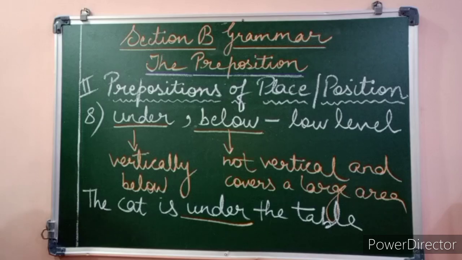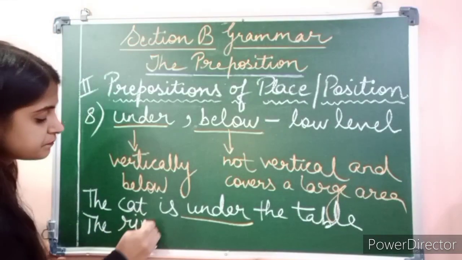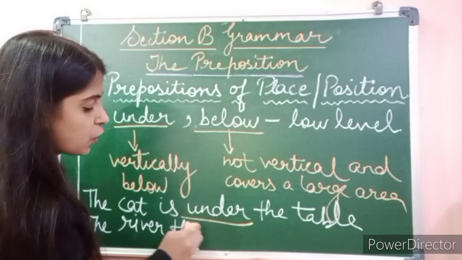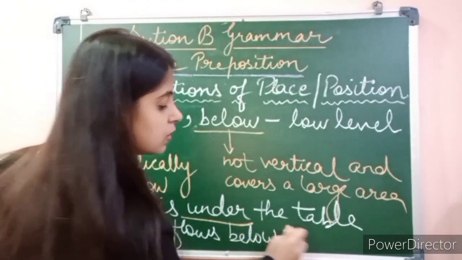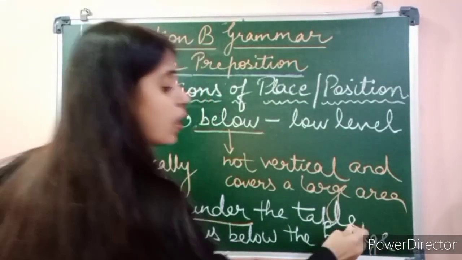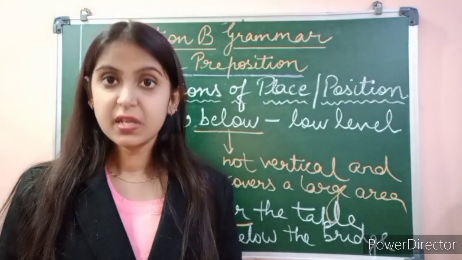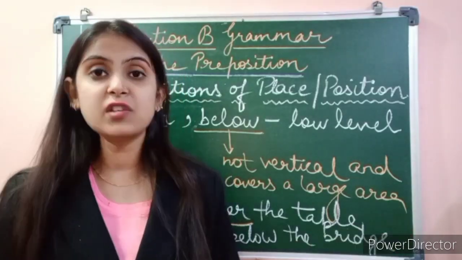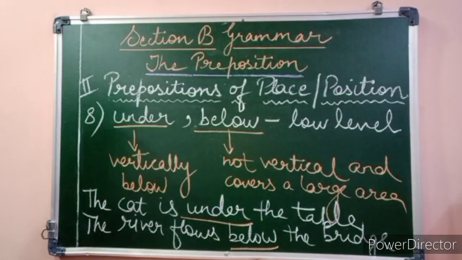Now if I say the river flows below the bridge. Now it does not mean exactly below the bridge. It is covering a large area. So we will use below. I hope the difference is clear.